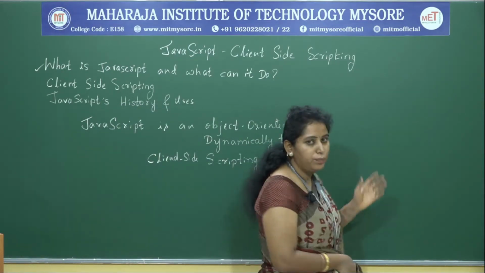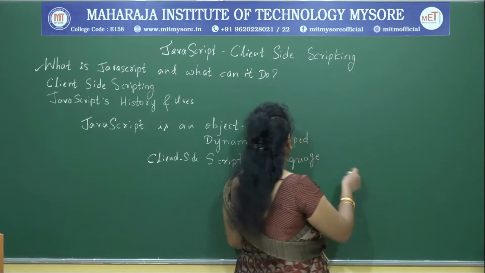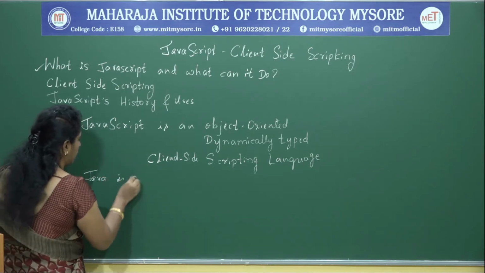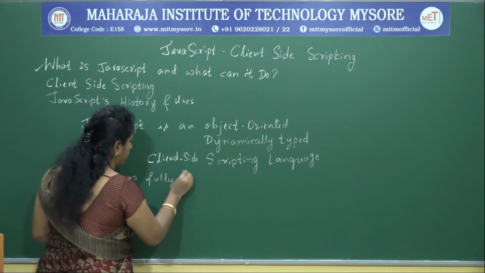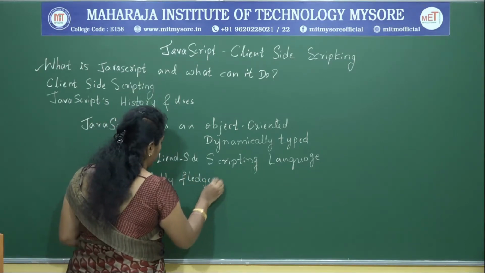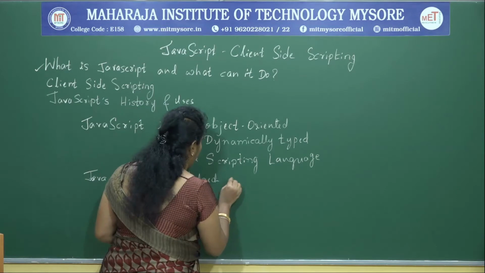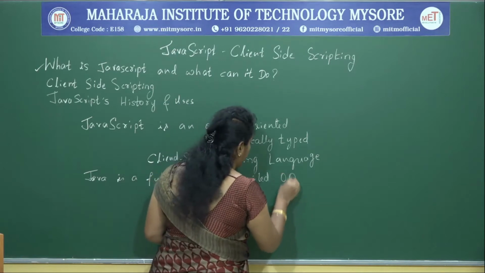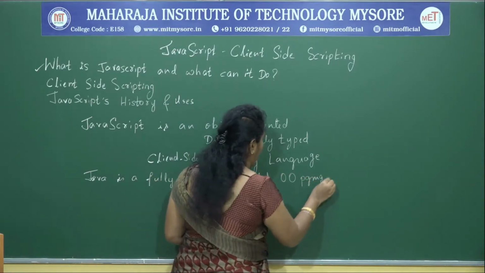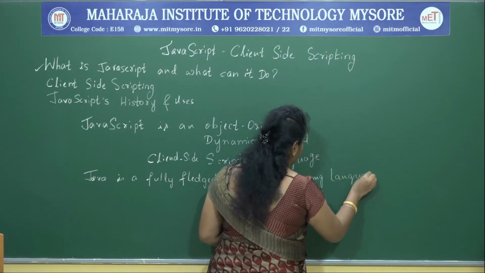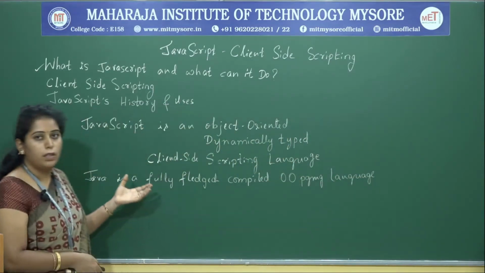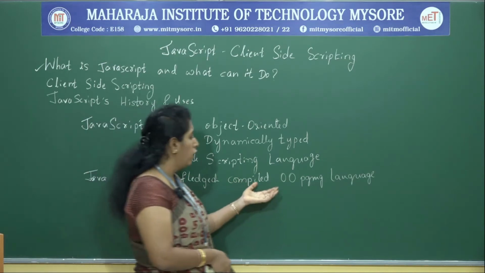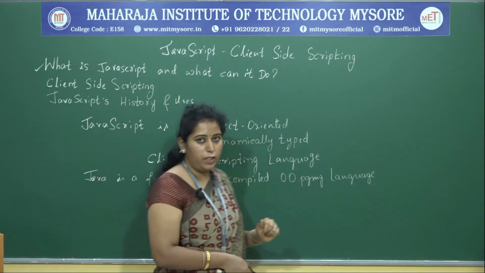Okay. Java is a fully fledged compiled object-oriented programming language. See, Java is a fully fledged compiled object-oriented programming language.